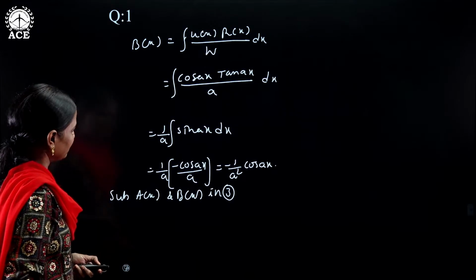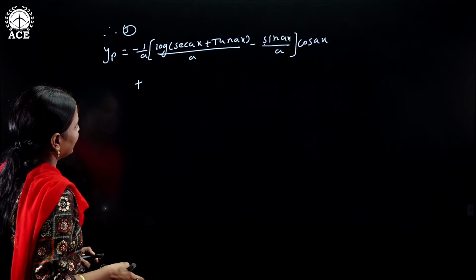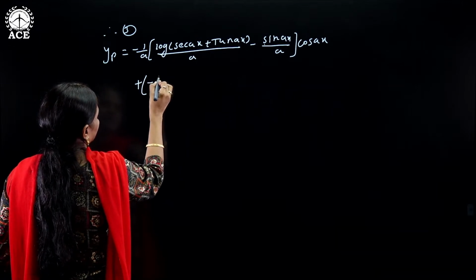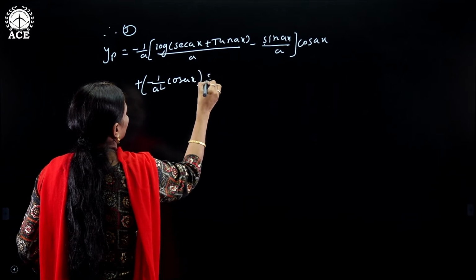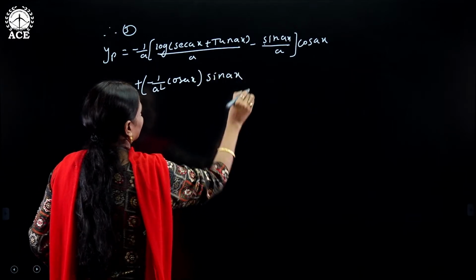What is B of x from the previous simplification? Minus 1 by a square into cos ax, into sin ax.